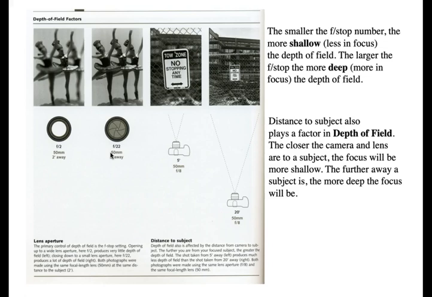These are both at f8, which is a moderate f-stop. It's not really shallow, it's not really deep, but at 20 feet away, they now can have the building also in focus. So distance to subject plays a major factor in your depth of field. The further away you get from something, the deeper your focus, your depth of field will be.